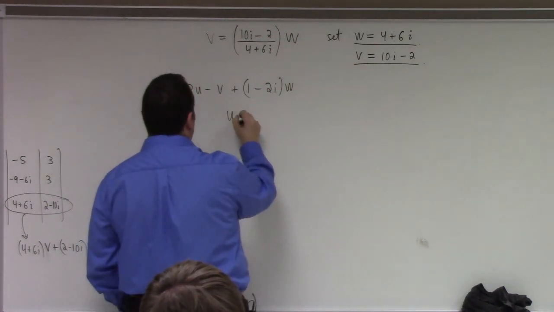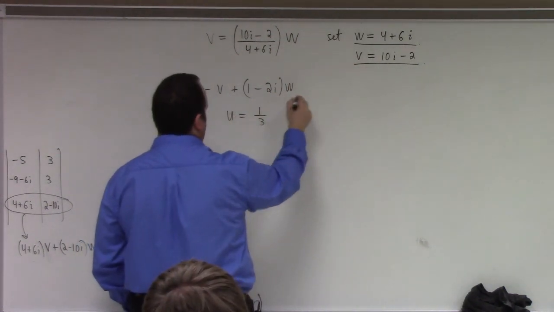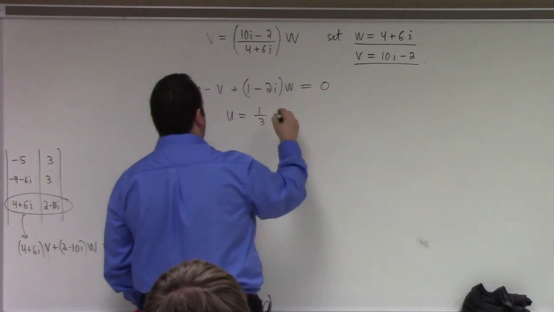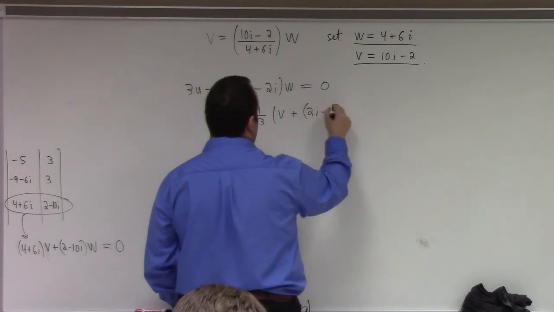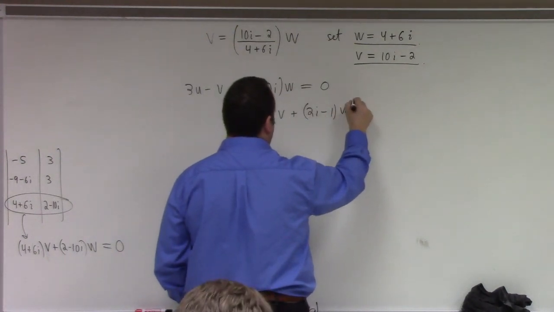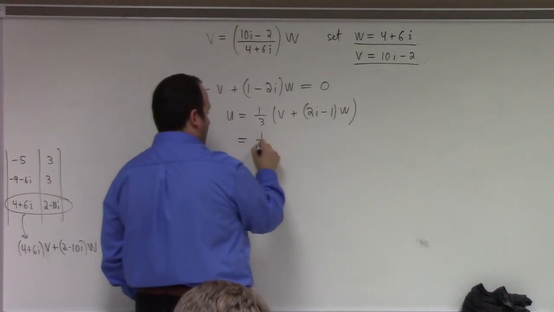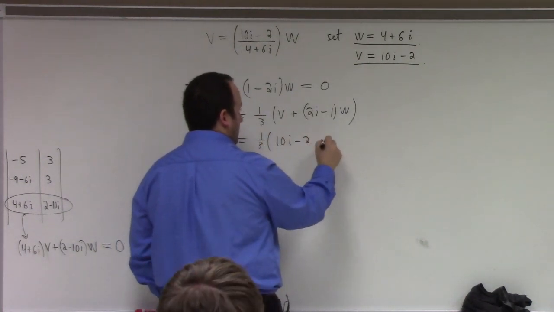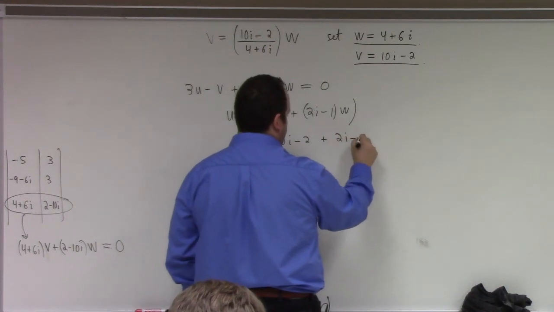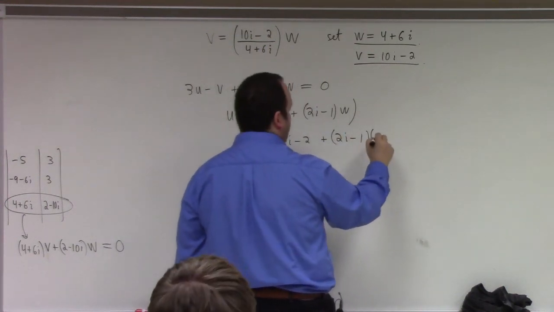So that means u is 1/3 of v plus 2i minus 1 times w, right? So u is 1/3 of 10i minus 2 plus 2i minus 1, what was my w? 4 plus 6i.